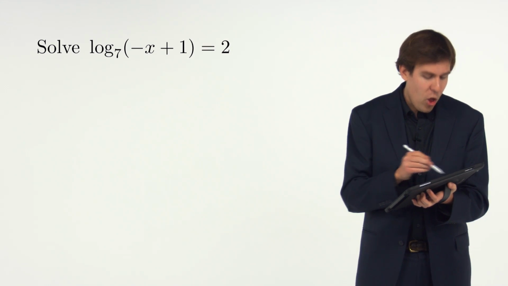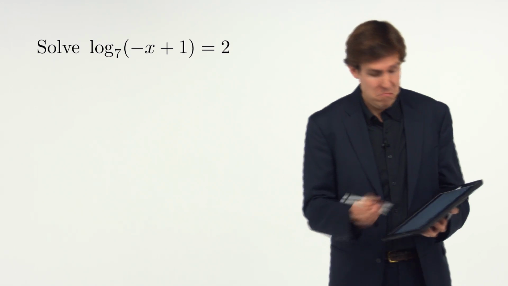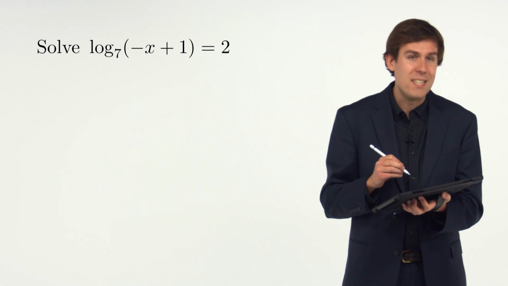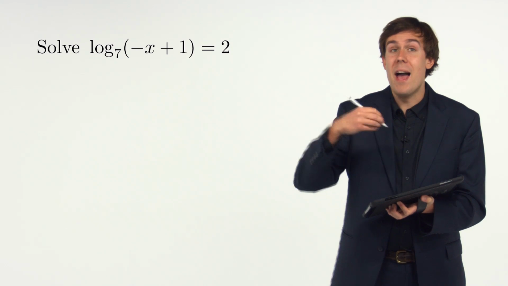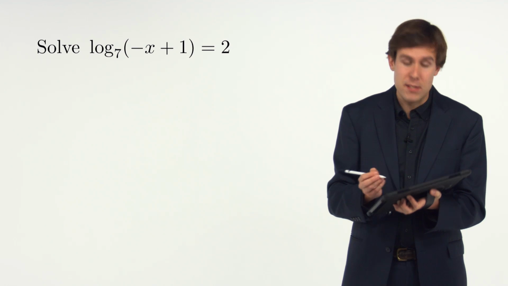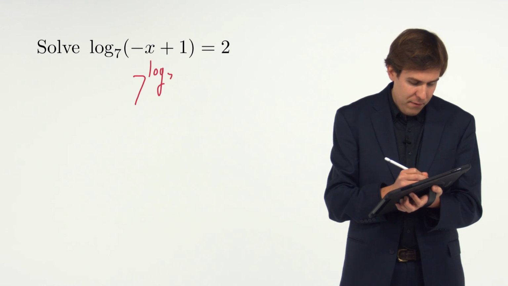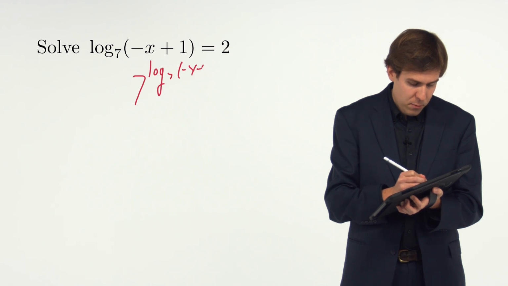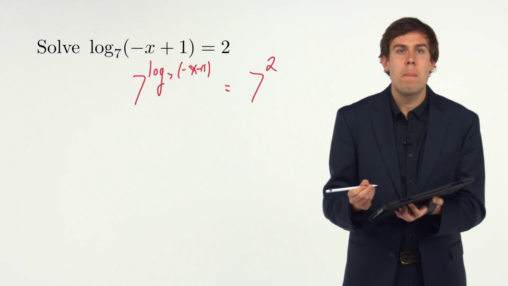So here I have log base 7. So what exponential am I going to use? 7. So to solve log base 7 of minus x plus 1 equals 2, I'll exponentiate both sides with a base of 7. So I'll say 7 to the power log base 7 of minus x plus 1 equals 7 squared.